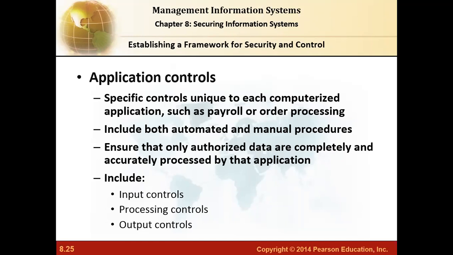So you might add certain conditions to the input, to the processing, as well as to the output, to make sure that only authorized data is processed, only authorized data is taken as input, only the desired data which you want on the report is there on the output.